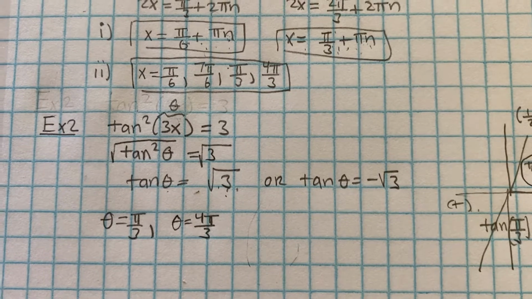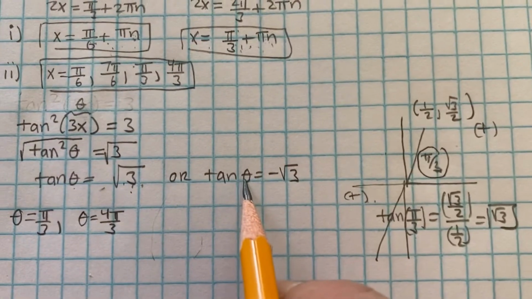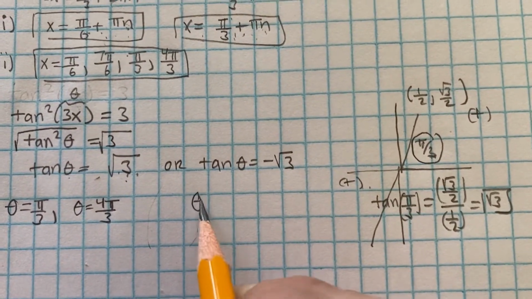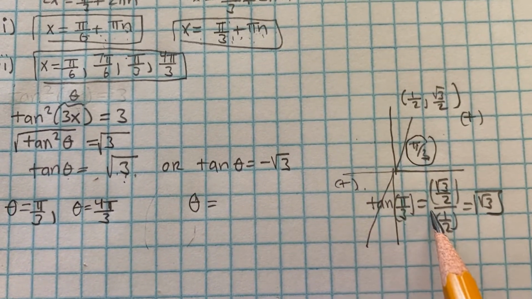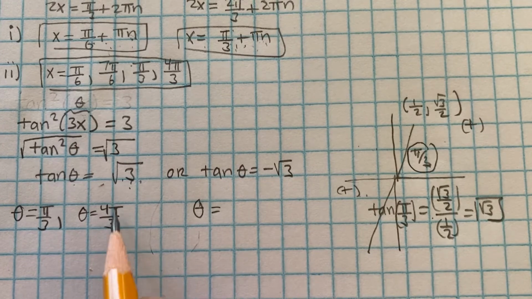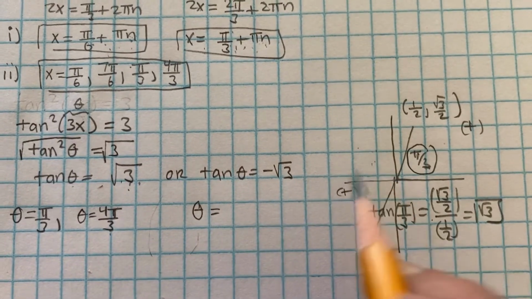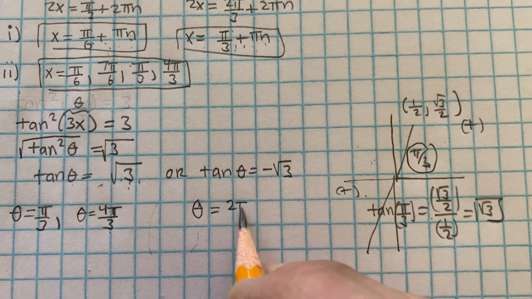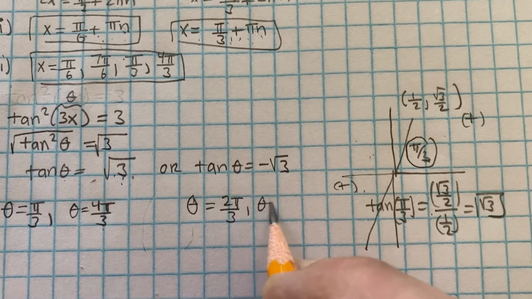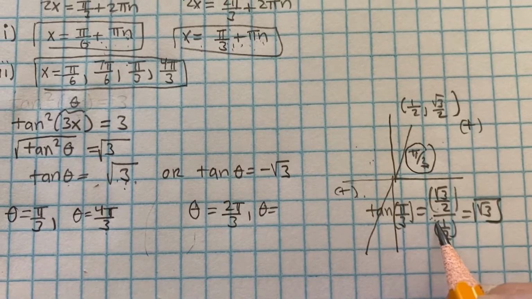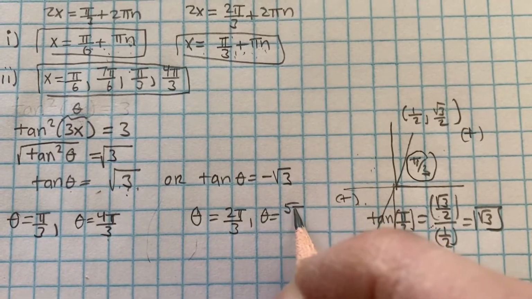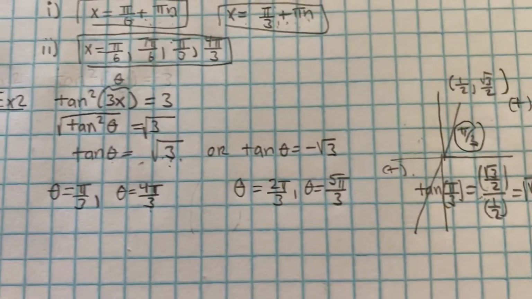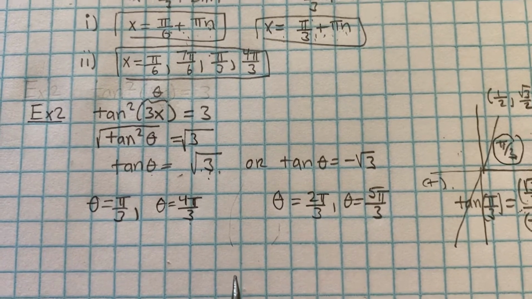Okay, so moving on to where tangent is negative. Tangent is clearly negative in quadrant 2 and quadrant 4. And so it's going to be any value over 3, pi over 3. So in quadrant 2, theta is going to be 2 pi over 3. And theta for quadrant 4, where it's negative, is going to be 5 pi over 3.